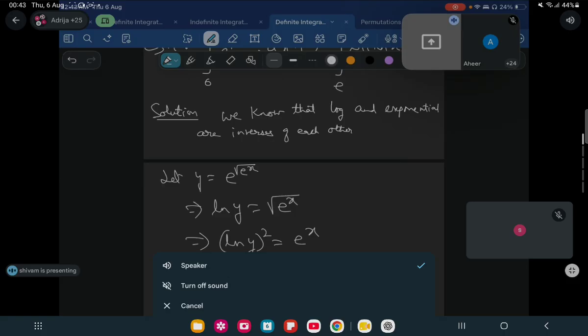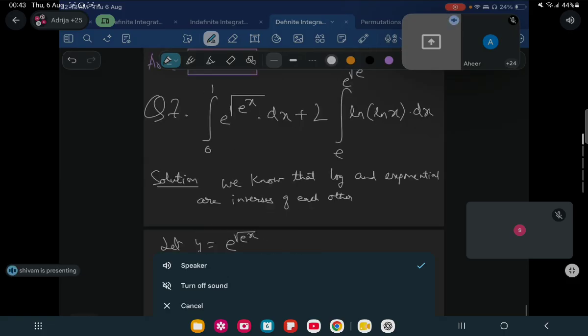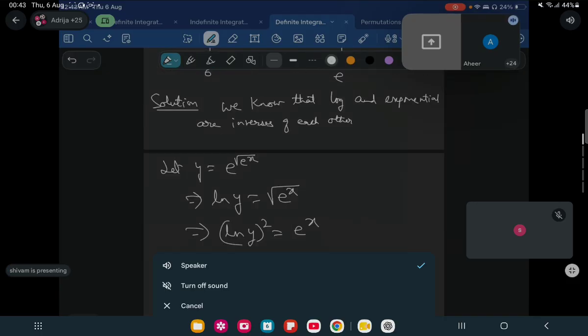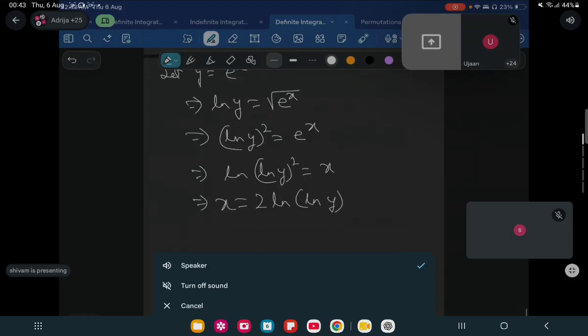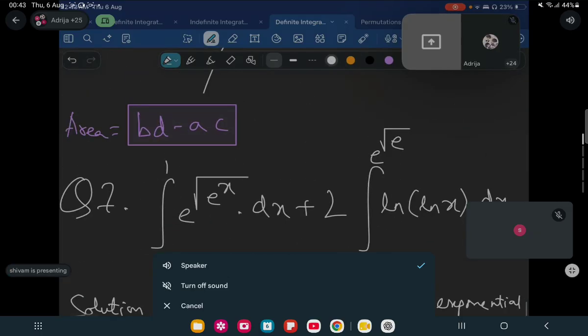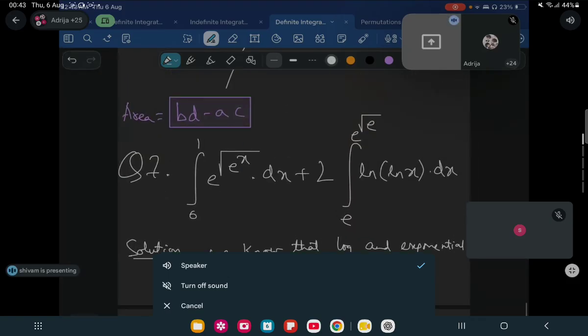So are you people getting that the right hand side is the inverse, isn't it? So x is equal to 2 ln of ln y. Right, Sakrohit, are you there? Yes, sir. So they both are inverses of each other, and you will find that when you substitute e to the power root over e over here, you will get 1.